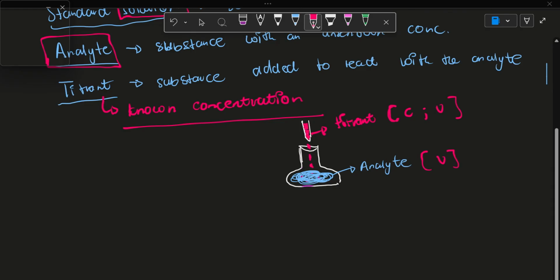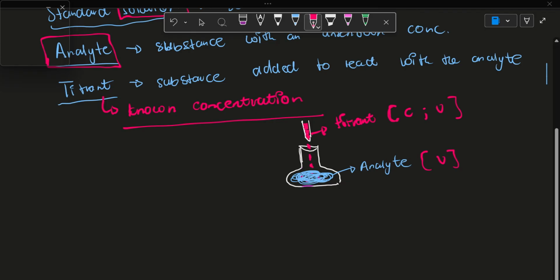And at that particular moment, what is observed? We observe that the amount of the titrant added is exactly equal to the amount of the analyte present. So I have my analyte, which could be any substance, right? Just don't think too deep about the terms used. My analyte could be any substance that I would titrate with the titrant.